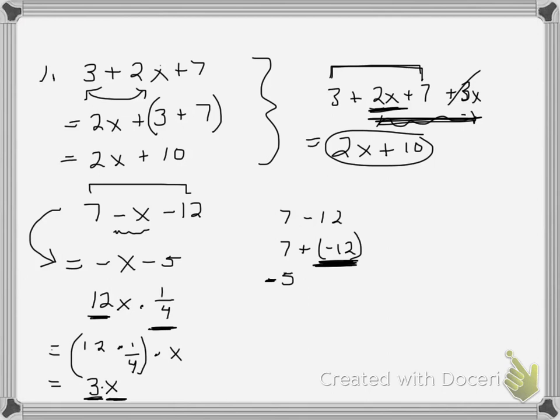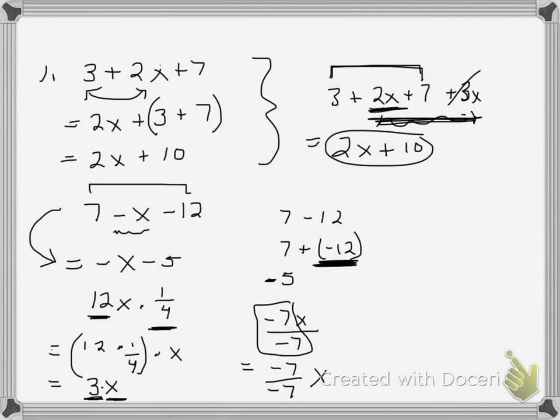Okay. If you look at the next one, it says negative 7x over negative 7. Again, the way I'm going to look at this is I'm going to take the constant parts and write them together, and then I'm going to write the x.